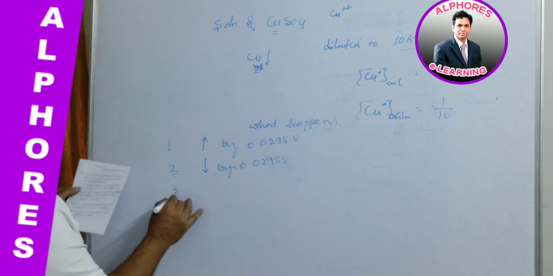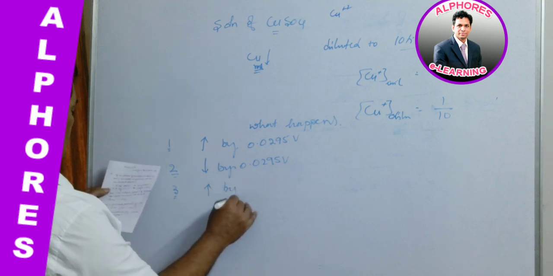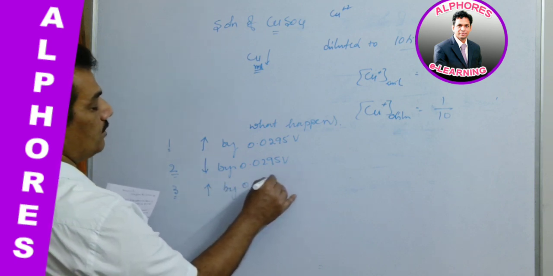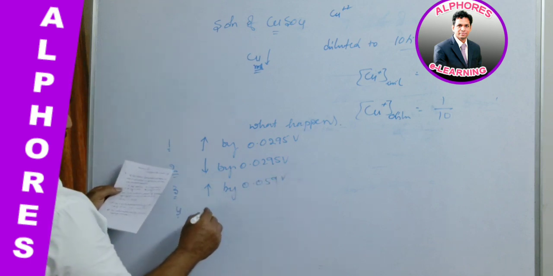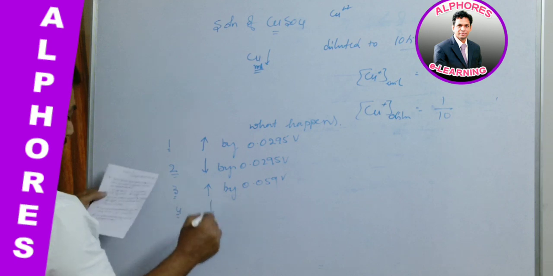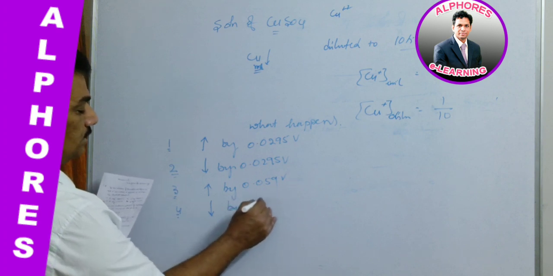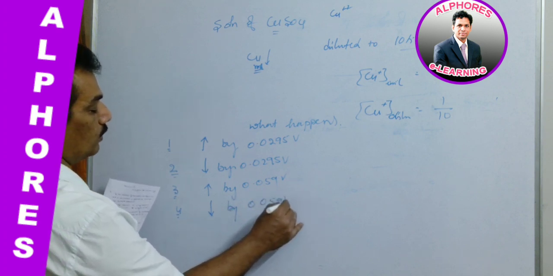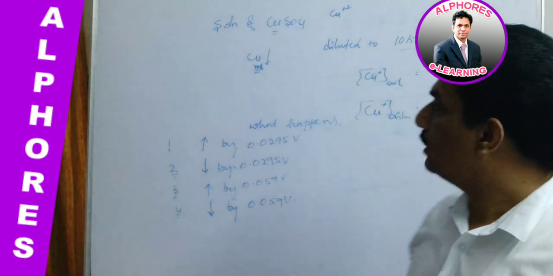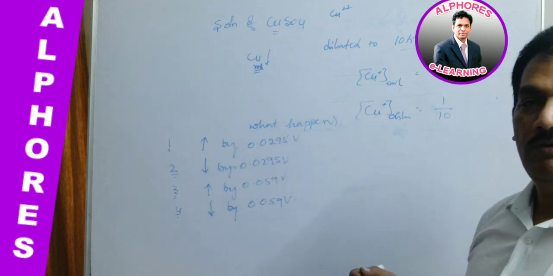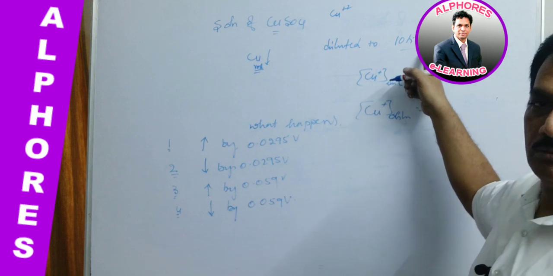And the third option is the electrode potential increases by 0.059 volts. And fourth option is the electrode potential decreases by 0.059 volts. Of these four options, what will happen when the concentration of CuSO4 solution where copper rod is immersed is diluted 10 times? Clear?